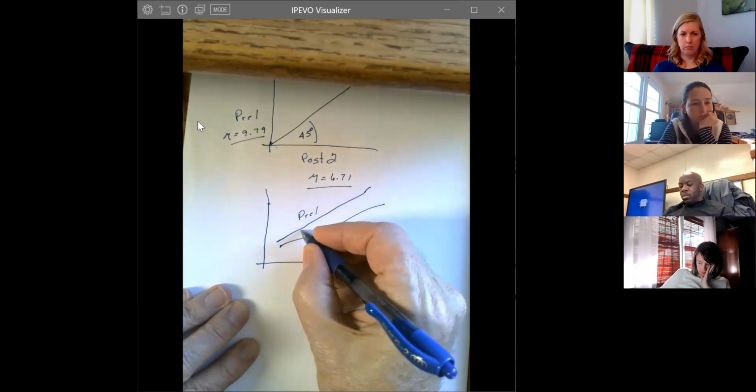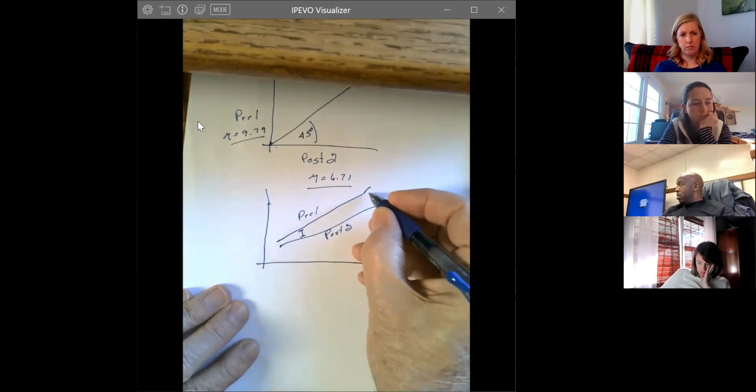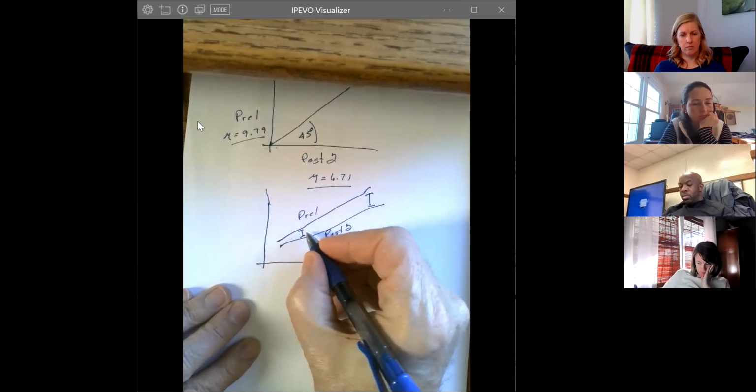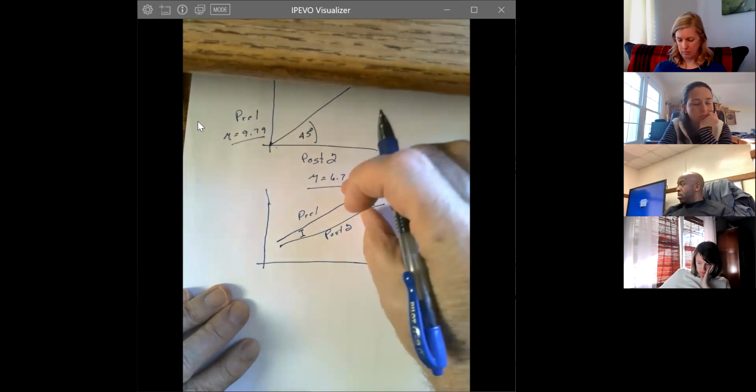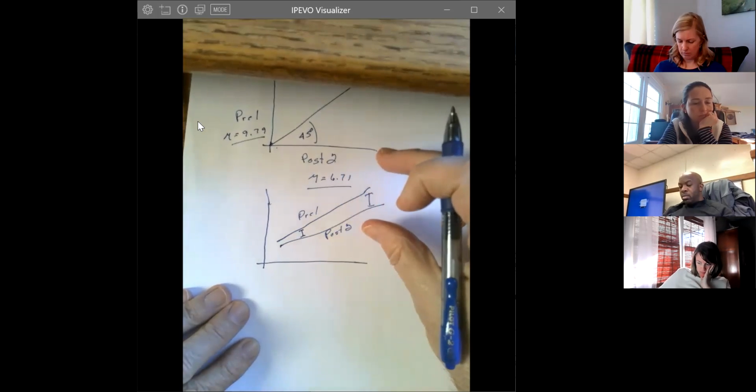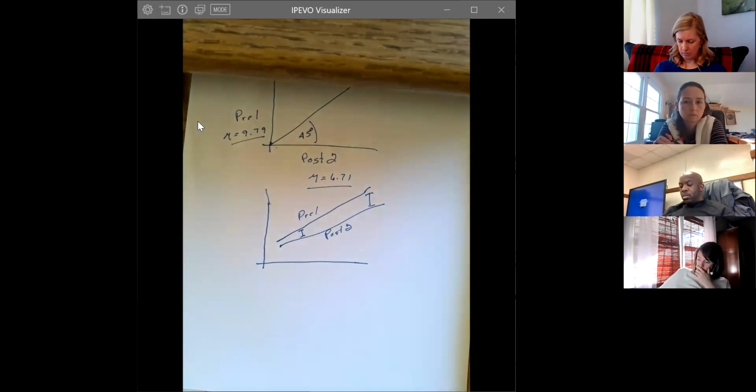And the fact that these things diverge, in other words, it gets bigger as it goes along, a bigger difference between the two lines, means that although they have similar slopes, not exactly the same, they have a diverging difference between them.